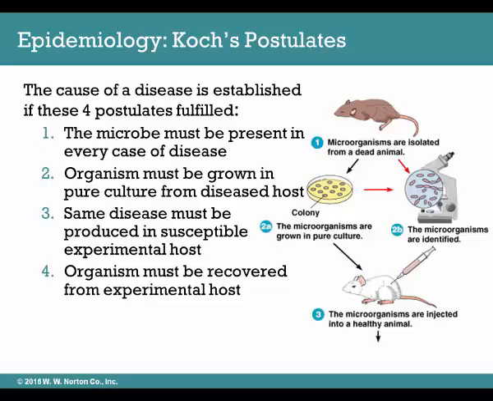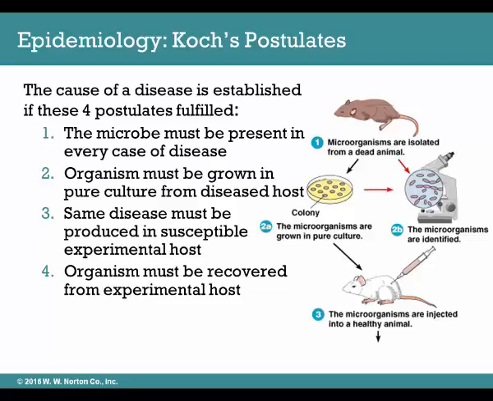So using that pure culture of the microorganism, introducing it into an experimental animal, and then again looking for the signs and symptoms, if it's death, looking for the death of the animal, and then being able to harvest and grow from the experimental animal the microorganisms that were found in the initial case.